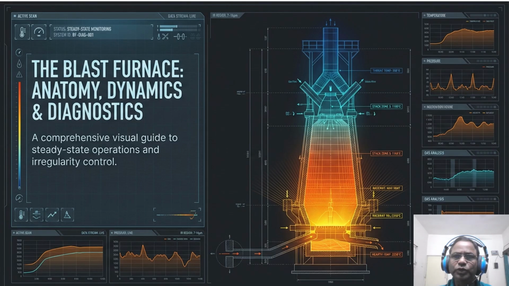So to do that, we must first look at the macro level inputs that drive this reactor, and by doing this, we could obtain those two basic objectives, that is to maximize our campaign life and to have operational stability.